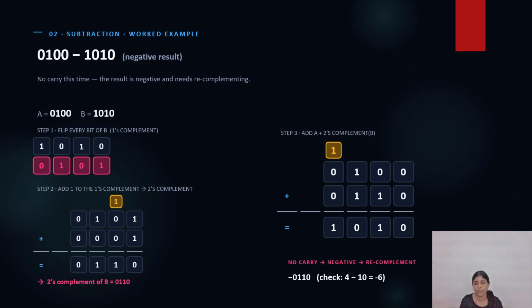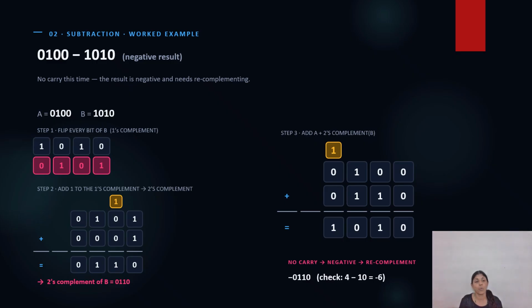So 1 will become 0, 0 will become 1, 1 will become 0, 0 will become 1, right?